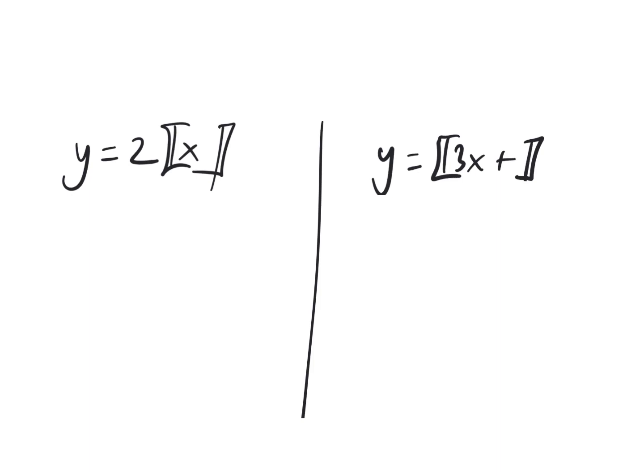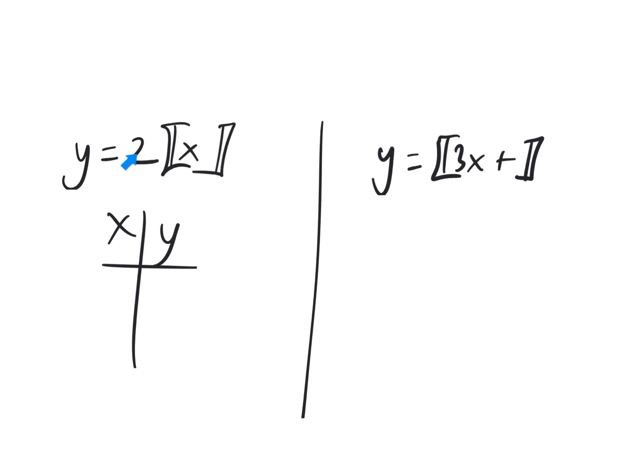When I made a table for this step function over here, what did this 2 on the outside impact? The slope? The size of the step?